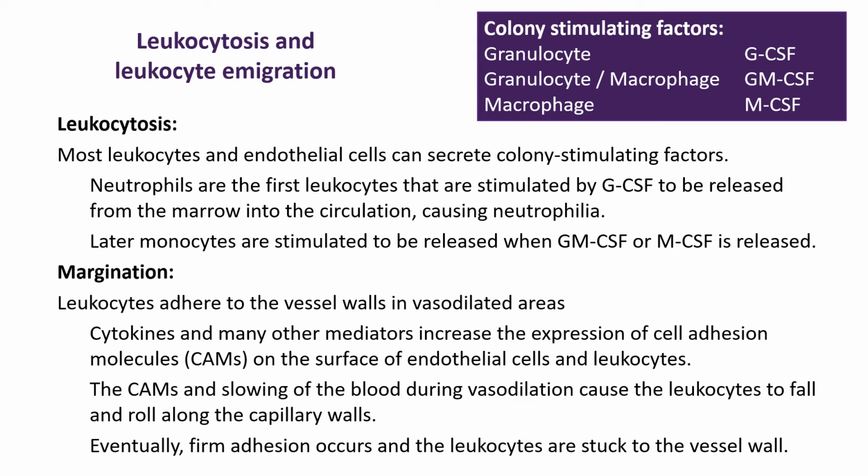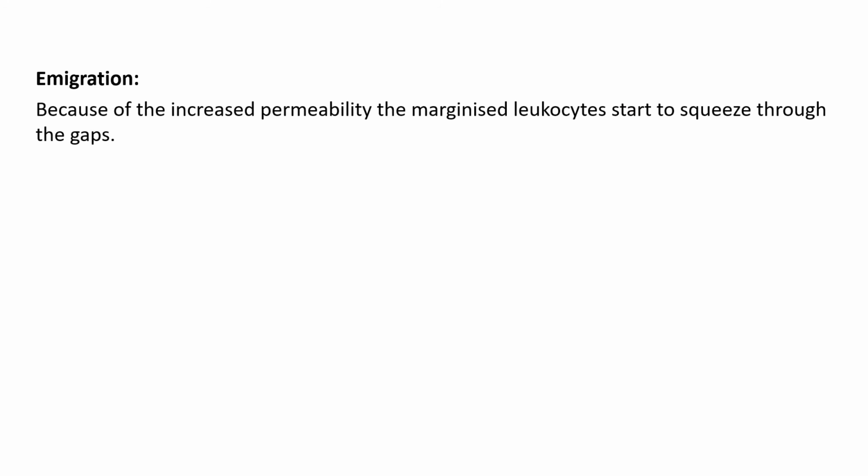So eventually, firm adhesion occurs and the leukocytes are stuck to the vessel wall. Once this happens, they can start to emigrate. They're trapped. And because of the increased permeability, because we've got these huge gaps between the endothelial cells, these marginalized leukocytes that are stuck to the vessel walls start to squeeze through the gaps.